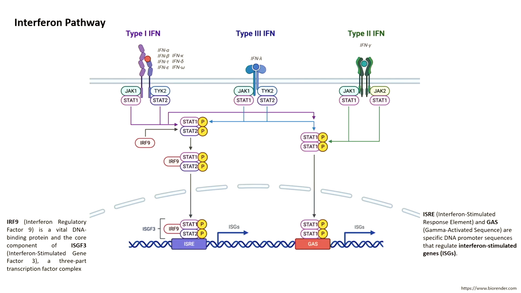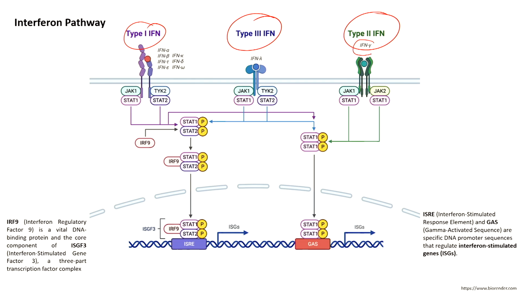So interferons are of different types, depending upon their action, how they are produced, how they can stimulate the cells, and what their effector functions are. There are three types of interferon: type 1, type 2, and type 3. And these types of interferons again have multiple different members.